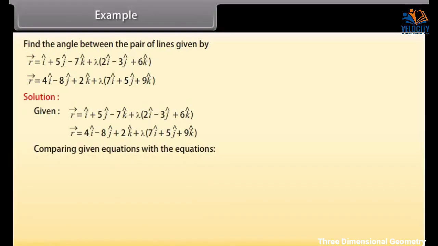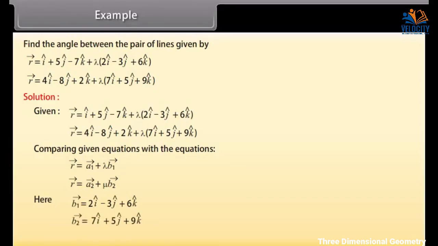Comparing given equations with the equations vector r equals vector a1 plus lambda vector b1, and vector r equals vector a2 plus mu vector b2, here vector b1 equals 2i minus 3j plus 6k and vector b2 is equal to 7i plus 5j plus 9k.